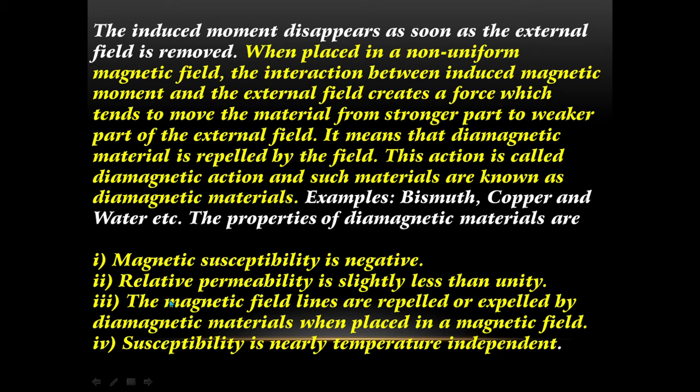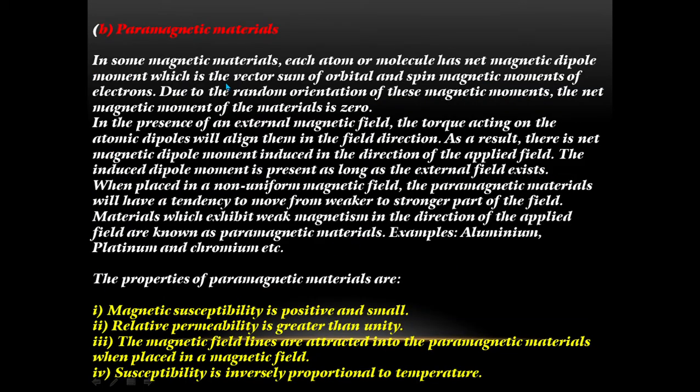Third, the magnetic field lines are repelled or expelled by diamagnetic materials when placed in a magnetic field. The last point, susceptibility is nearly temperature independent. So, very, very important 4 points for the properties of diamagnetic material.